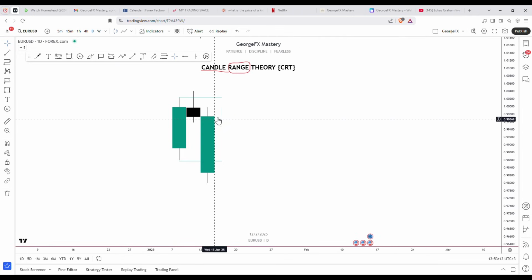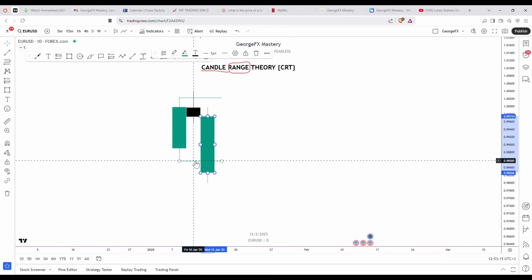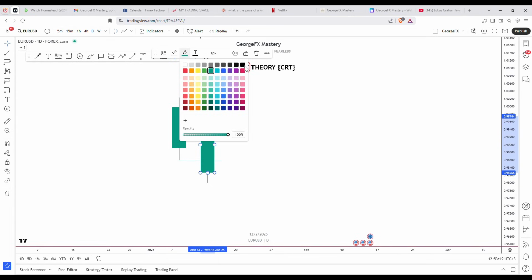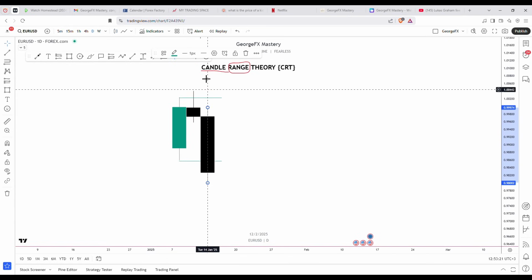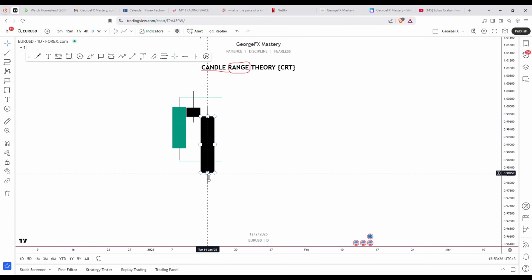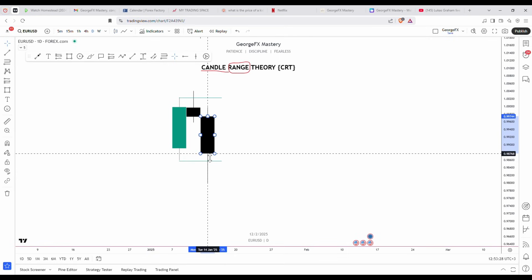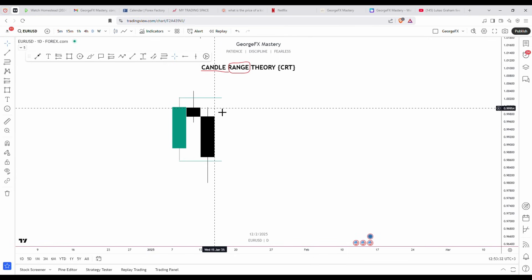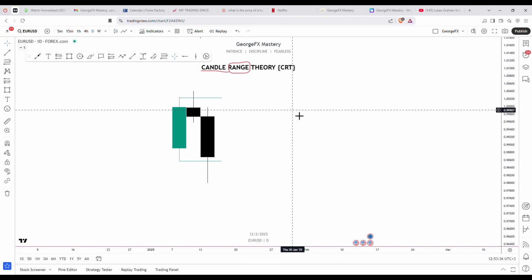The most important thing is this candle must get to this low, because that is the only way you would have hit your take profit. So whether this candle decides to close here or wherever it decides to close, your aim is to see price take out this low, because that is where you'll be having your target.